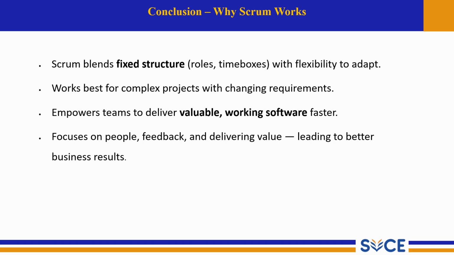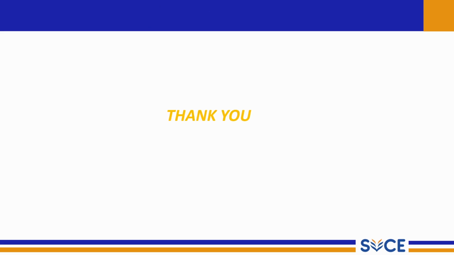It works best for complex projects with changing requirements. Scrum empowers teams to deliver valuable working software faster. It focuses on people, feedback, and delivering value. It leads to better business results. Thank you.